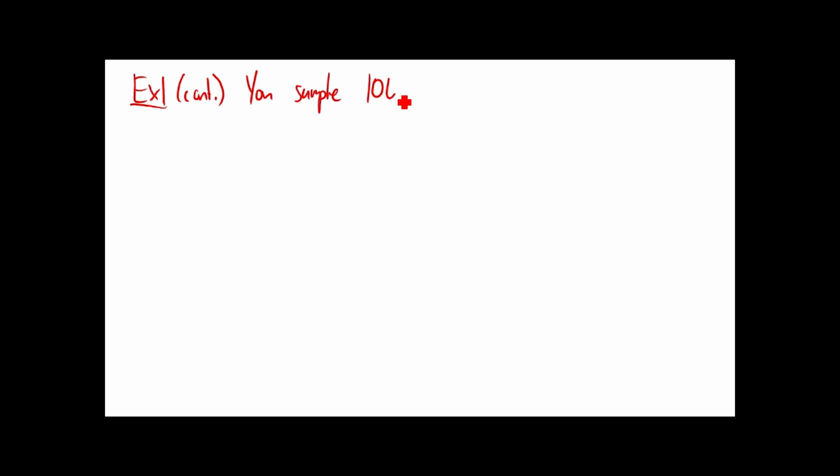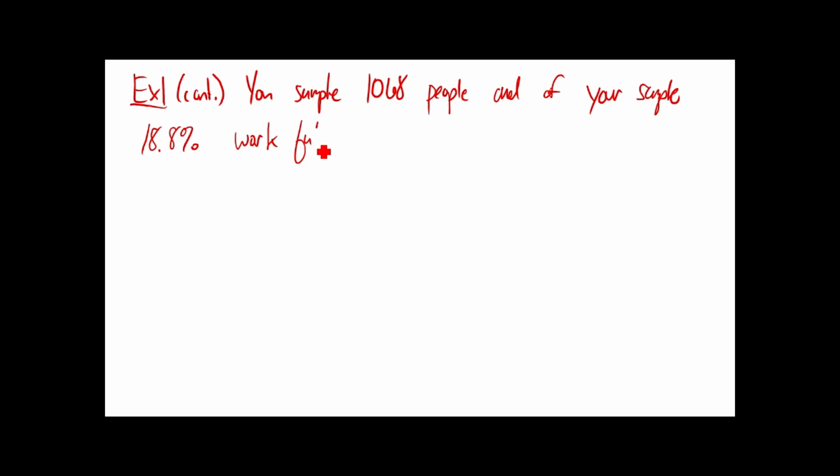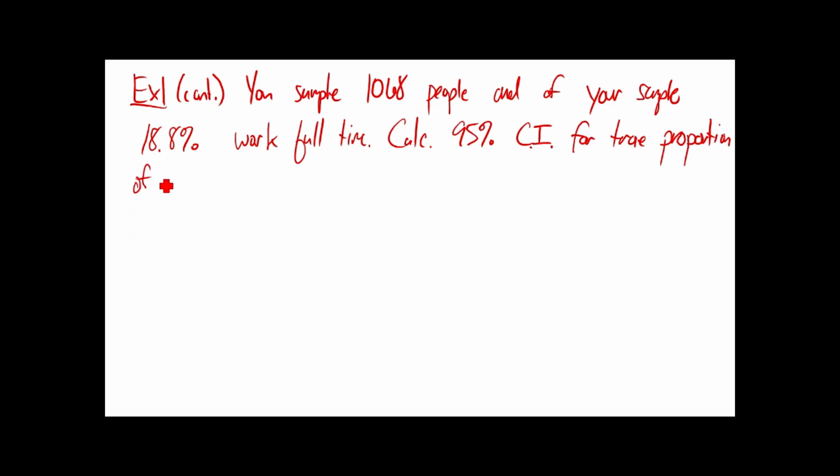So you sample 1,068 people, and of your sample, say 18.8% work full time. Now go ahead and calculate that 95% confidence interval for the true proportion of students who work full time.